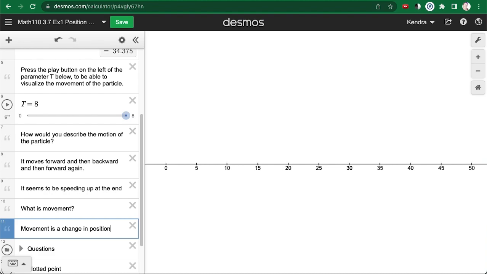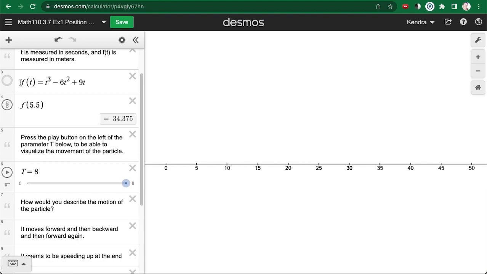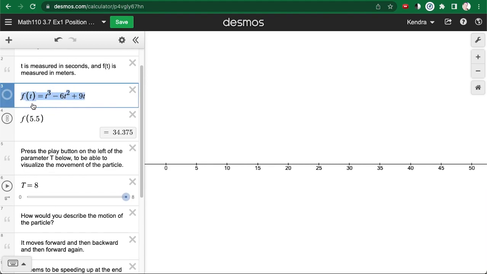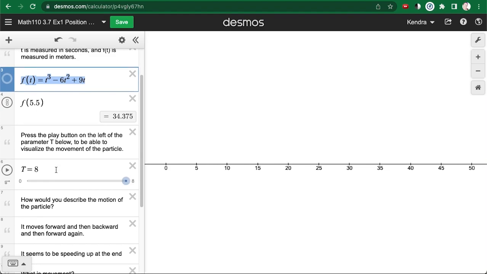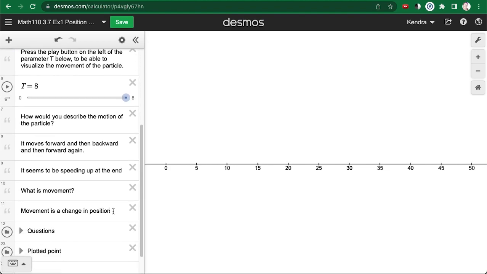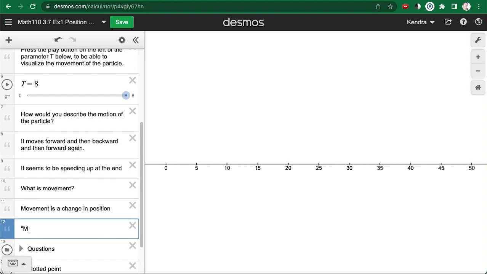And increasing f over the span of its input variable is really talking about a positive derivative. So moving forward means that the derivative is positive.